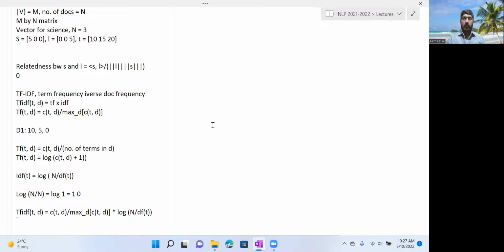So this is how you compute the TF-IDF of a term in a given document.